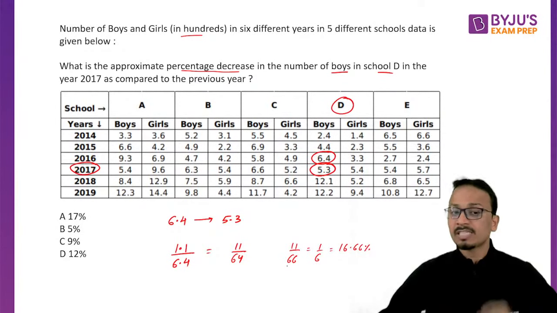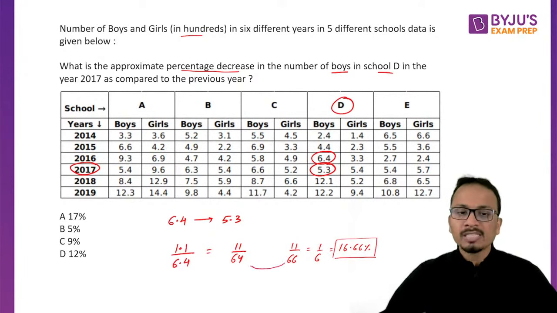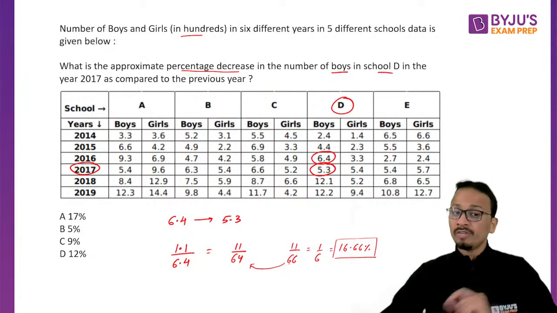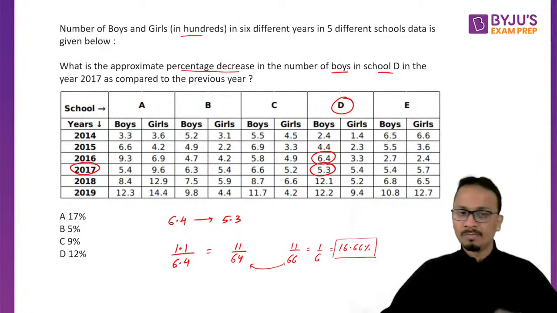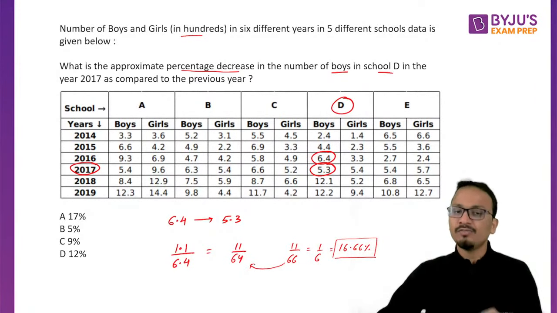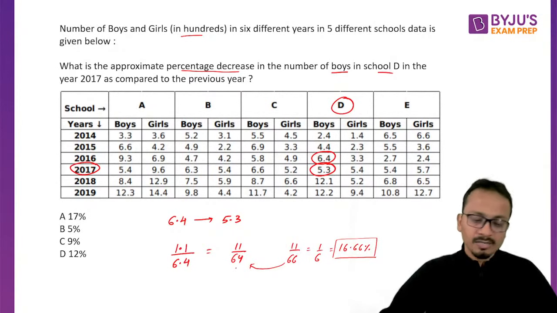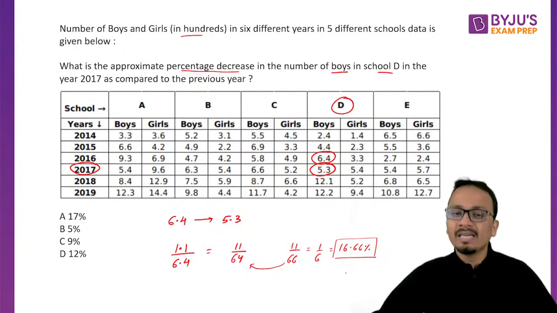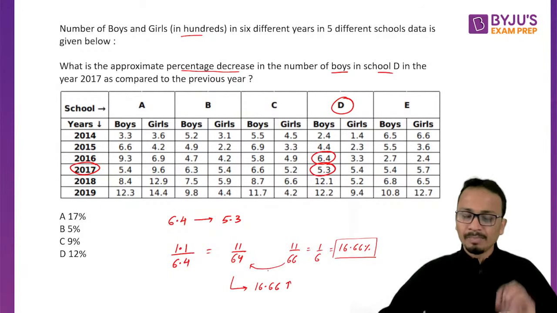If 66 is the denominator, then the answer will be 16.66. But the denominator is actually lower, 64 instead of 66. So if I decrease the denominator, the value will increase. So the exact answer should be more than 16.66. I'll repeat this.